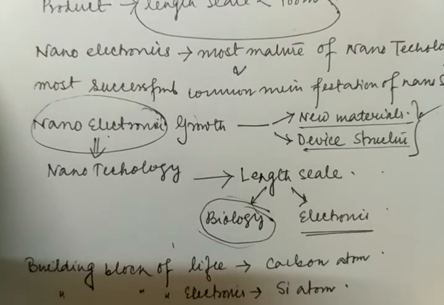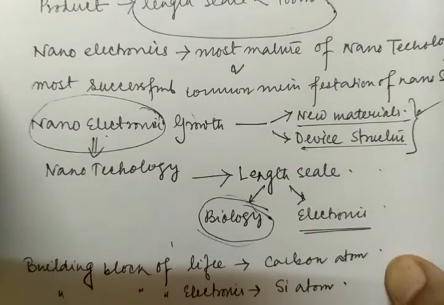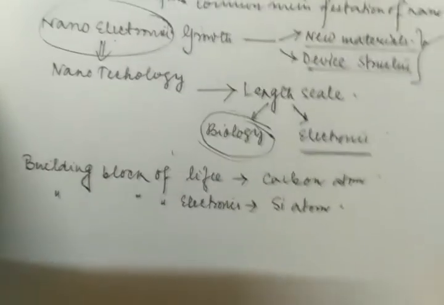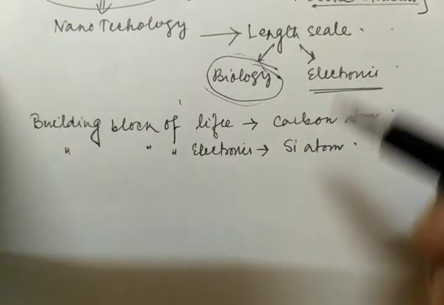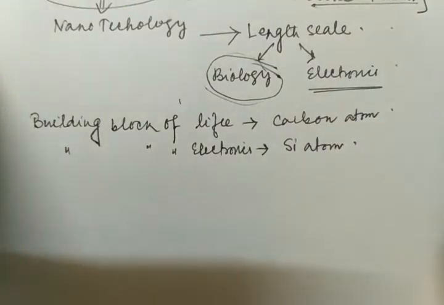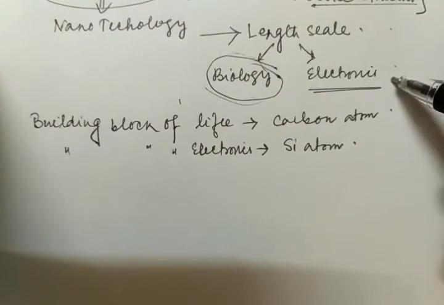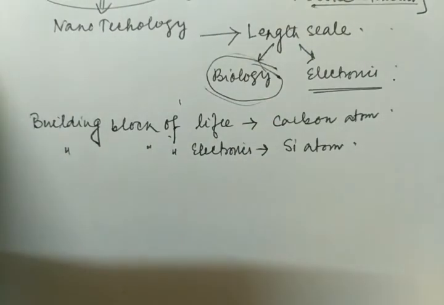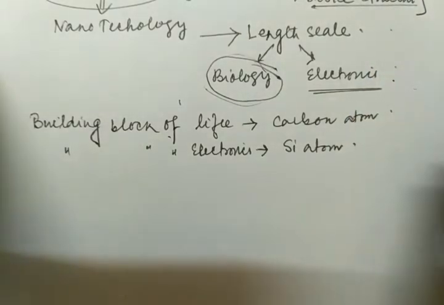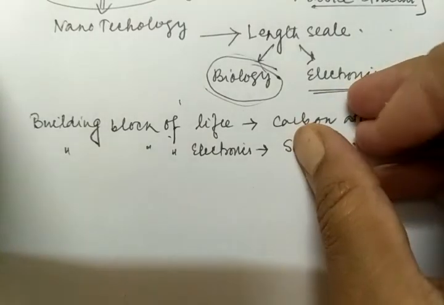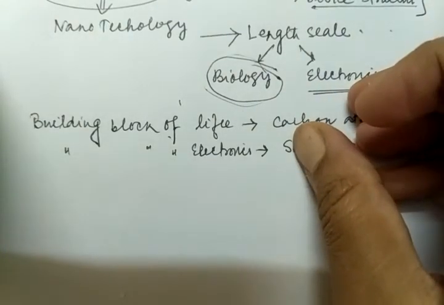Okay, fine. So two important messages that I want to share with you: the era of nanotechnology is going to be a very strong interaction between the biology and electronics that we have studied previously. On one hand, there are bio-inspired electronics with respect to our brain, the redundancy of the electronics. So biology and electronics are mostly related in today's scenario with the help of nanotechnology and obviously nanoelectronics.